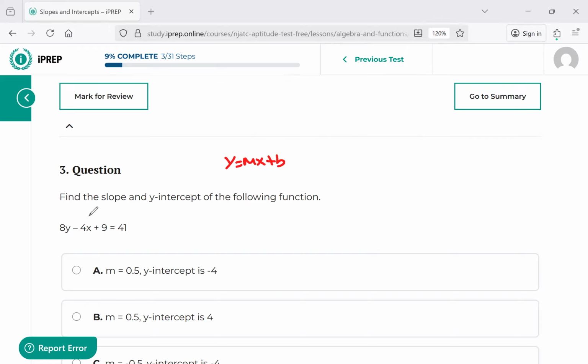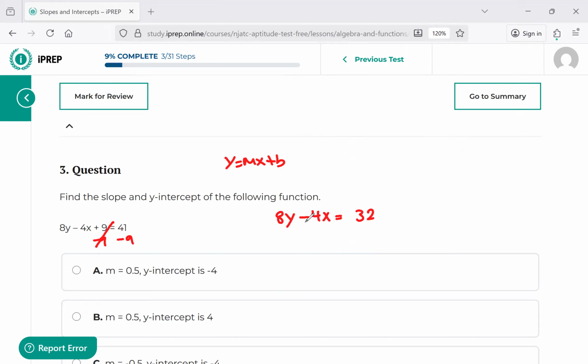On the left, we have 8y minus 4x plus 9 equals 41. First I would move this 9 to the right by subtracting 9 from both sides. So you get 8y minus 4x equals, what's 41 minus 9? Without a calculator, it would be 32.